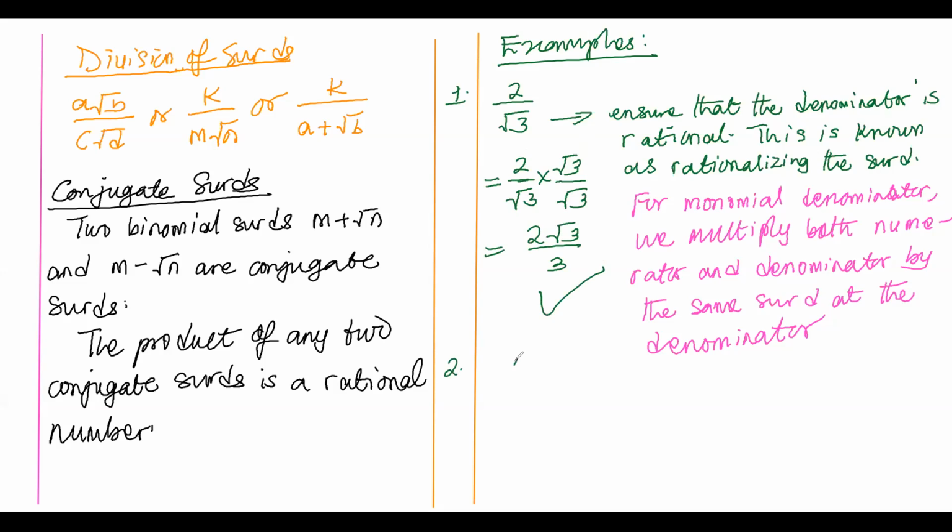It's possible you have 4 root 3 divided by 5 root 2. To do this question, what do I multiply with?